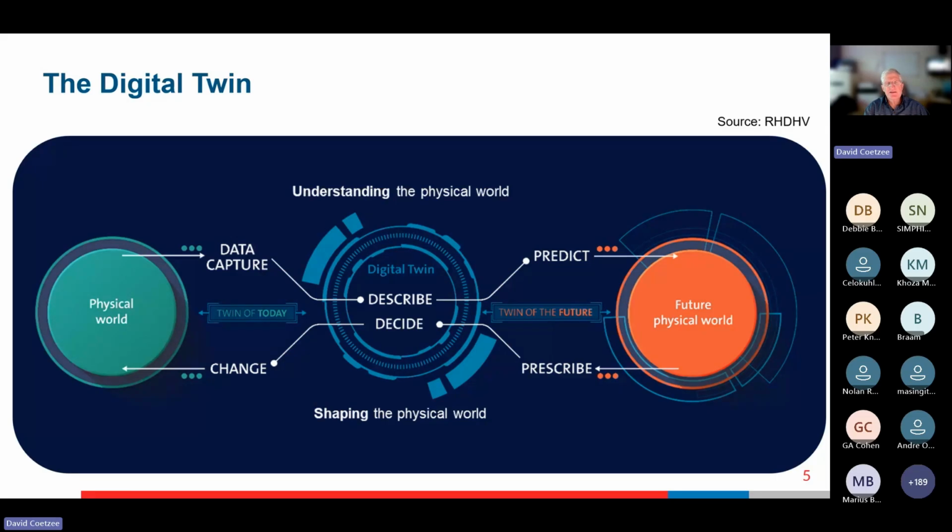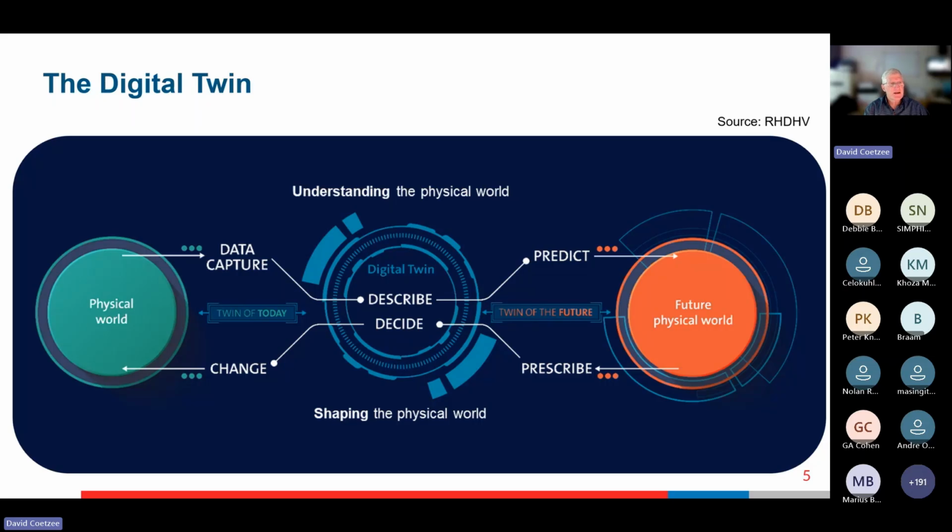So this is where the digital twin starts to become powerful, is that we can use our in-depth understanding of the real world and we can use that to predict and to make decisions about how we want things to change going forward in any way. And that leads us to being able to prescribe and make decisions on changes that we want, whether it's an improvement or an extension or anything like that.